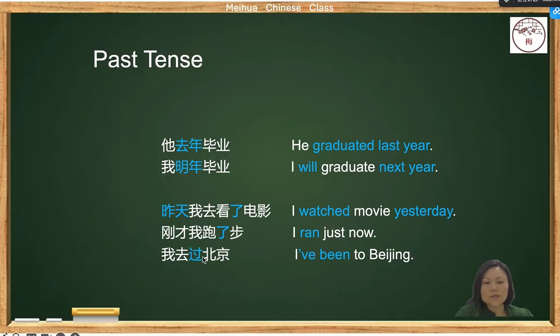So it's talking about something that happened in the past and something that is already finished. So I can use the past form, and I can use the perfect form. I can say I've been to Beijing. Or actually, I can also say I went to Beijing before, right?